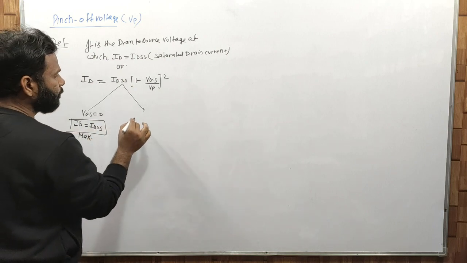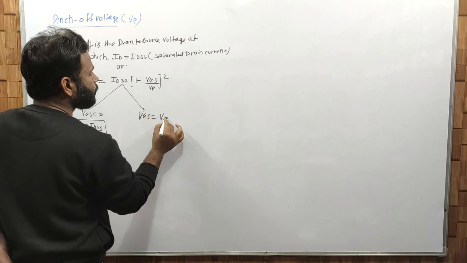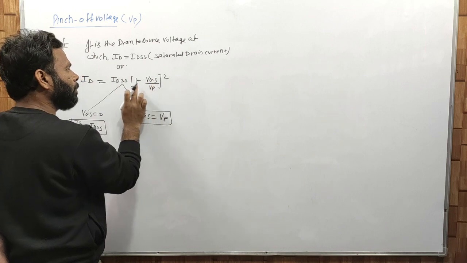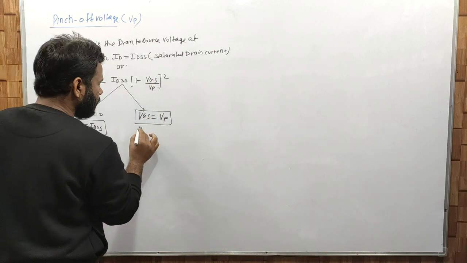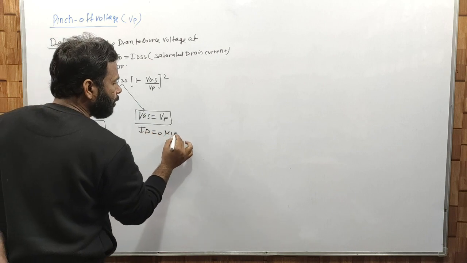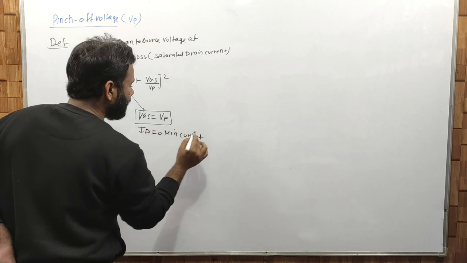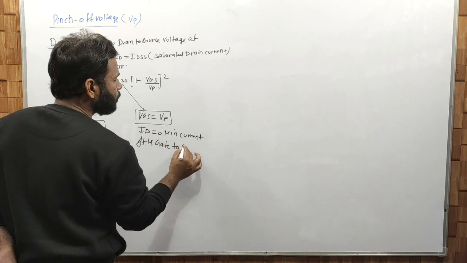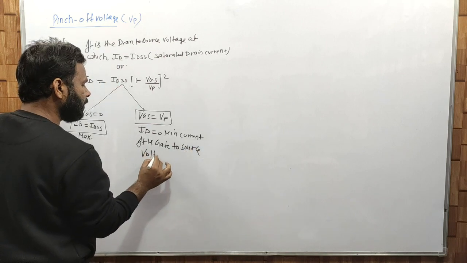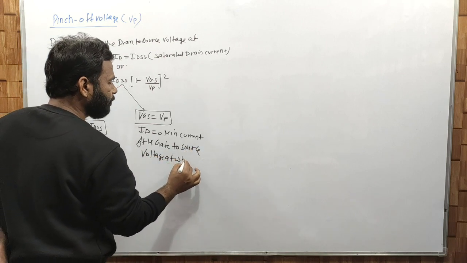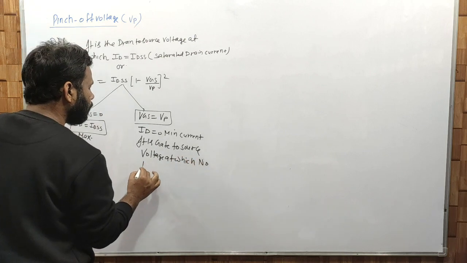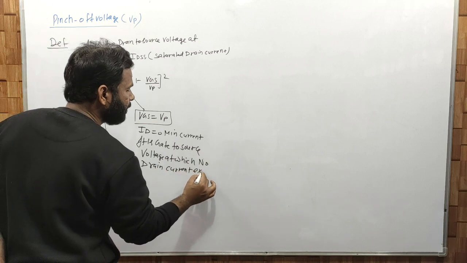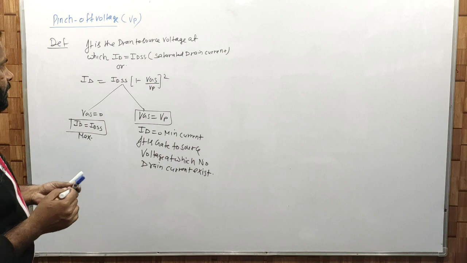Now when VGS equals VP, this factor is 1, so 1 minus 1 is 0, and 0 multiplied by IDSS is 0, so ID is 0, that is called the minimum current. So it is the gate to source voltage at which no drain current exists. Clear है? So it is the second definition.